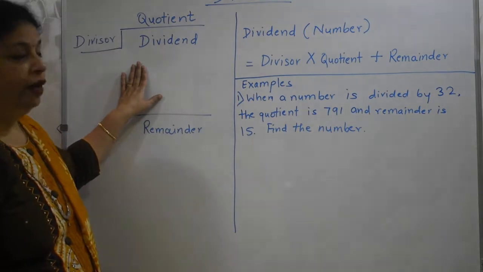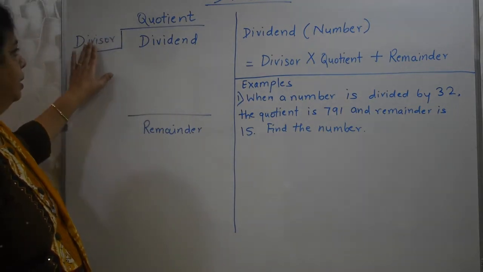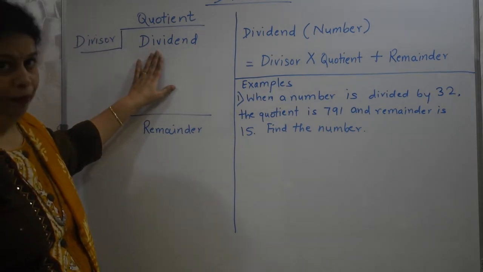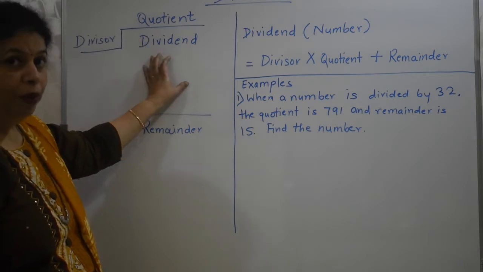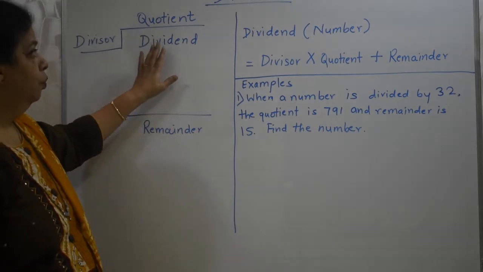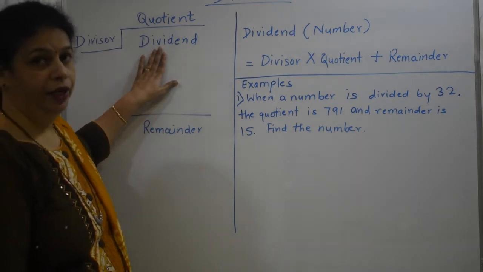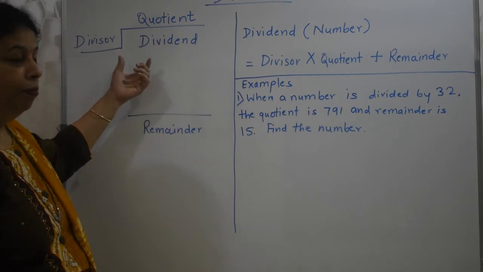See students, whenever we divide a particular number by some number, each number has some name. The actual number which we divide is called the dividend, and this dividend is divided by some number.